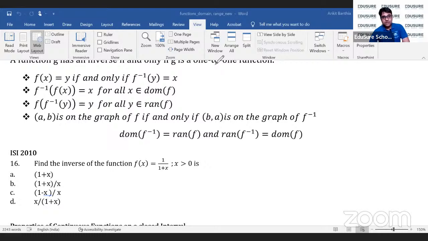16. करिए. Put your answer in the poll. I have relaunched the poll. Please put your answer in the poll. Do it right away. बहुत इजी क्वेश्चन है. 30 seconds more. चलो जल्दी करिए, ये बहुत इजी है.